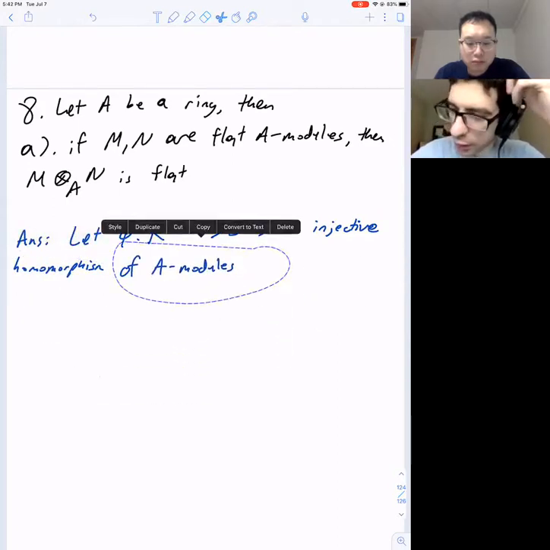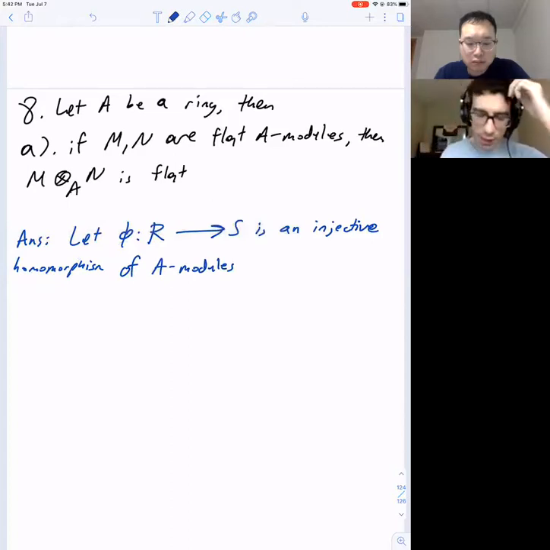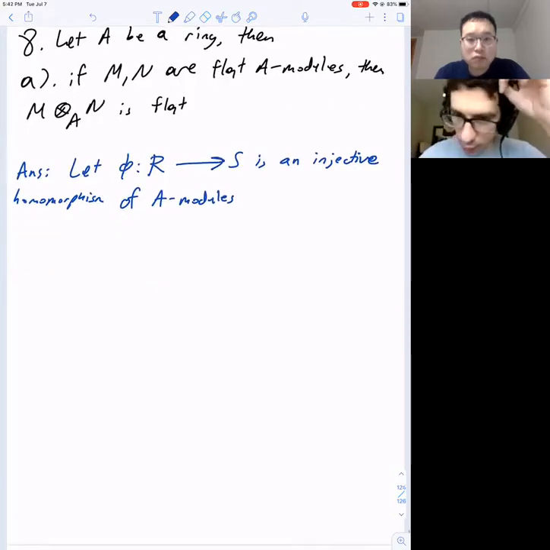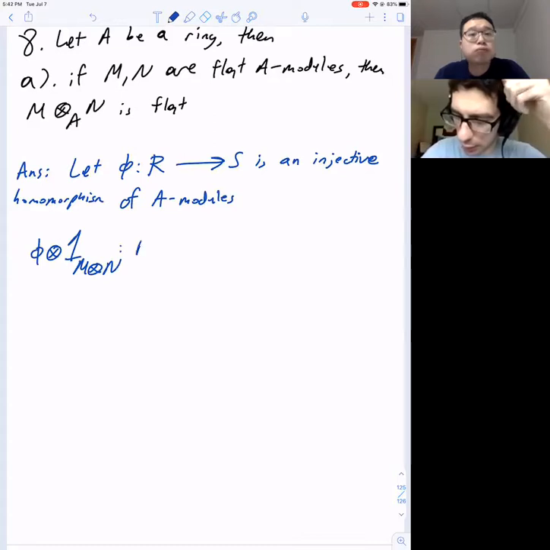If there's an injective homomorphism, would tensoring it remain injective? I claim yes. So let's start. Let's actually just take the tensor product with M tensor N.